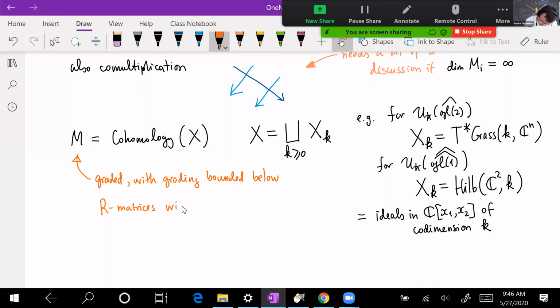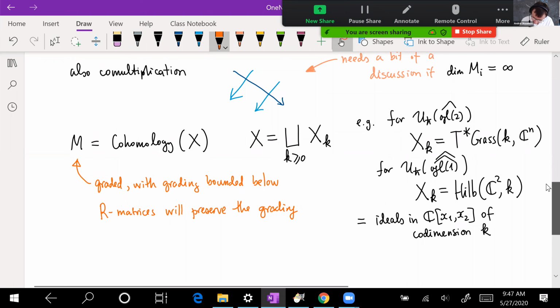And then R matrices will preserve this grading, for the simple reason that the R matrix will be some geometric operation, and it is difficult for that geometric operation to go to some different connected component.